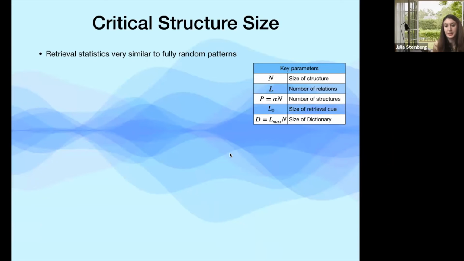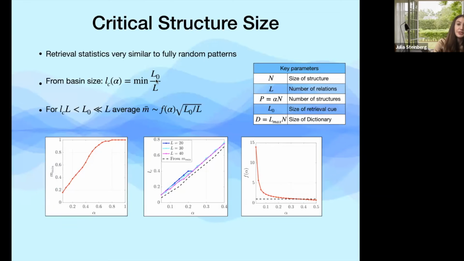It still looks random, even though it has some structure, given that you created the memory just from this binding operation and summing together all of these random patterns. So given the basin of attraction size, you can come up with this critical value of L as a function of the memory load you're at.